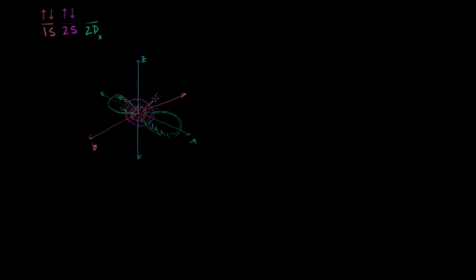Same idea, a dumbbell shape in the y direction, going along the y-axis in both directions. And then you also have your 2pz, and that goes in the z direction, up like that, and then downwards like that.